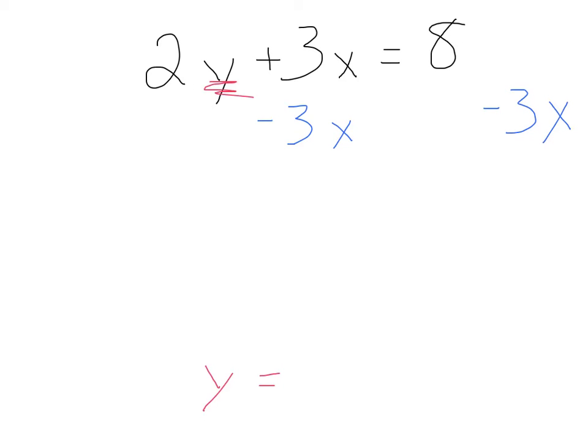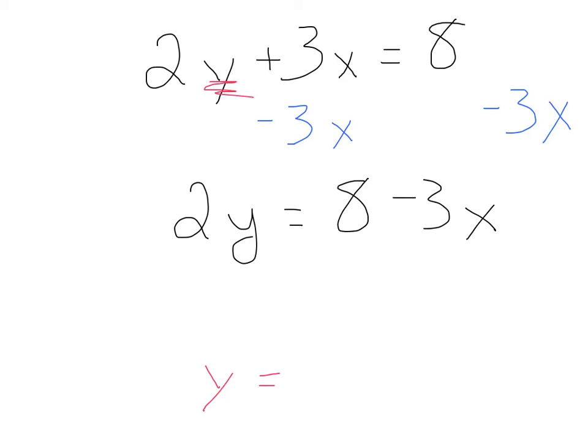So on my left hand side, I'm now left with just the 2y. On my right hand side, I cannot combine those terms. They are not alike, so I'm just going to write 8 minus 3x. Just going to write them right next to each other. And by the way, if you look at the previous step, that's why I wrote the minus 3x over to the right of the 8 rather than directly below it.